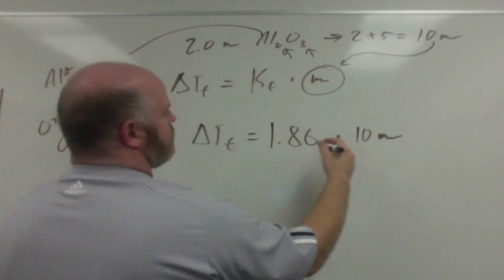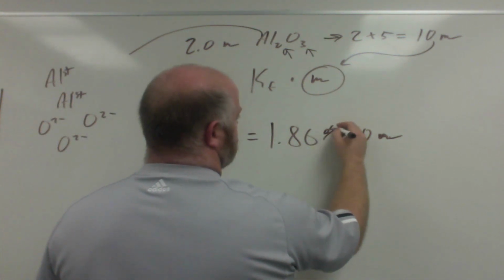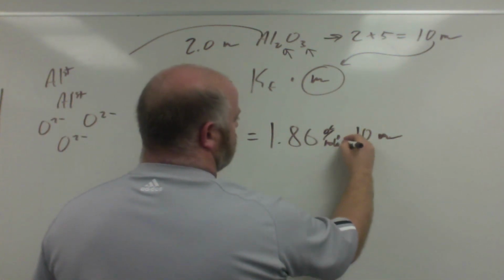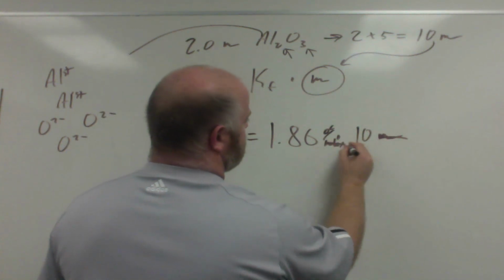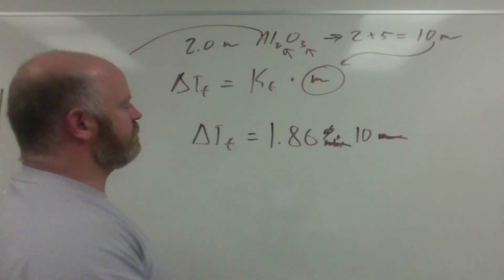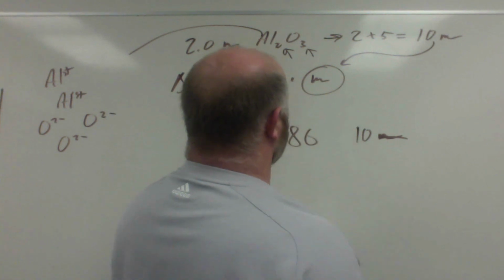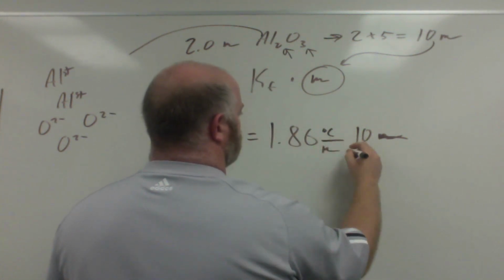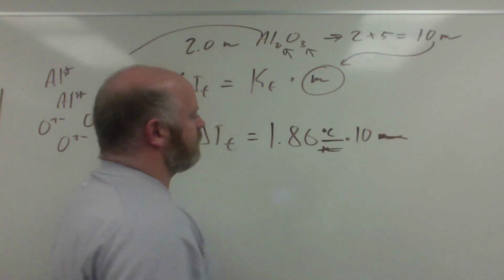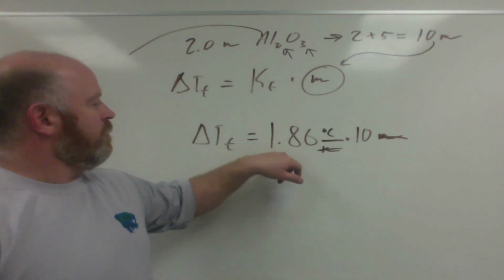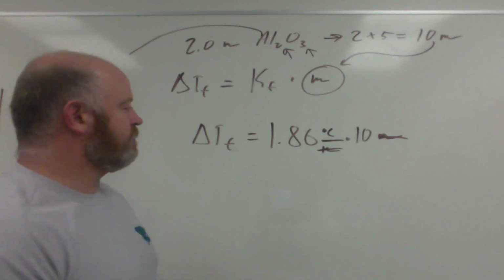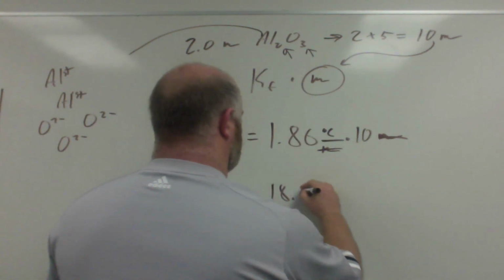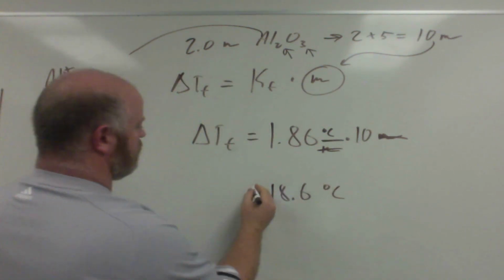And the label for this is degrees Celsius per mol. So molality cancels, and we end up with degrees Celsius here. That doesn't look very good. Let's fix it. Degrees Celsius over molality. Molality cancels. So 10 times 1.86, well, that's 18.6 degrees Celsius.